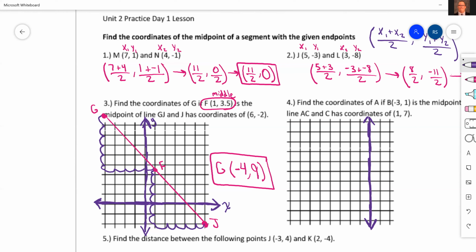So I'm trying to fit it all on the graph. So there's my y-axis. This is going to have to be my x-axis.